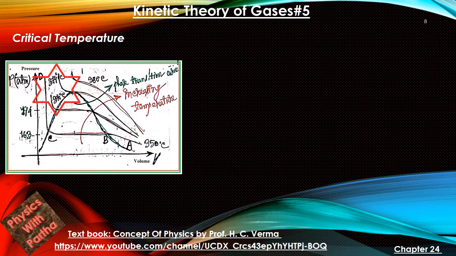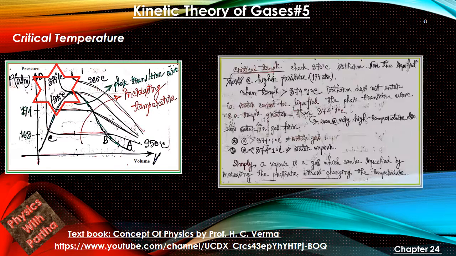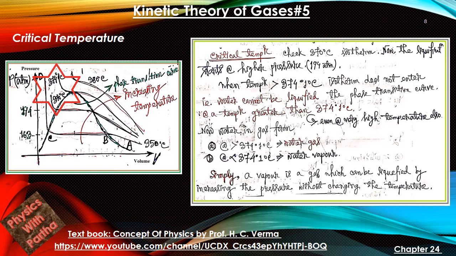Okay. Let's talk about critical temperature in a more rigorous way. I want you to look at the red colored star drawn in the picture. Critical temperature, as it is written, check the 370 degree centigrade isotherm. Now the liquefaction starts at a higher pressure.